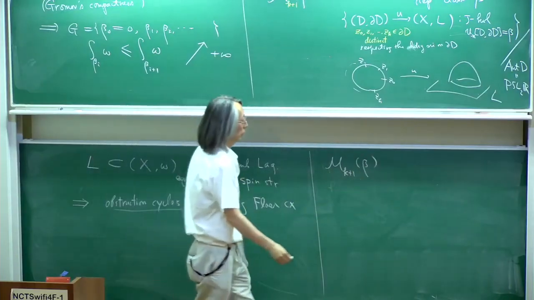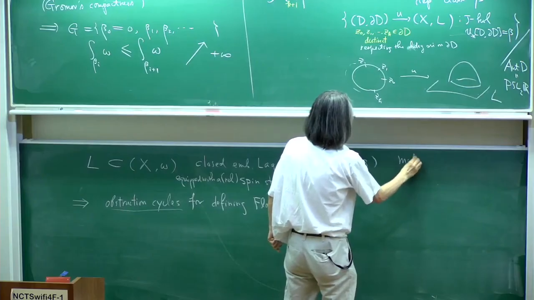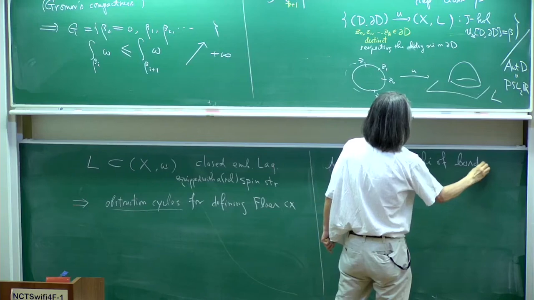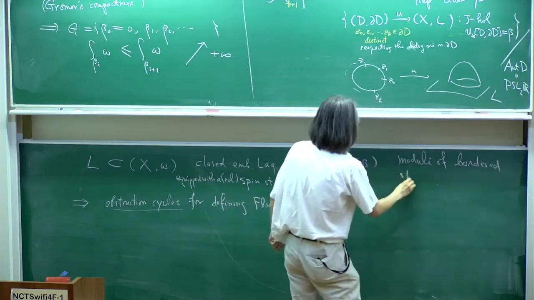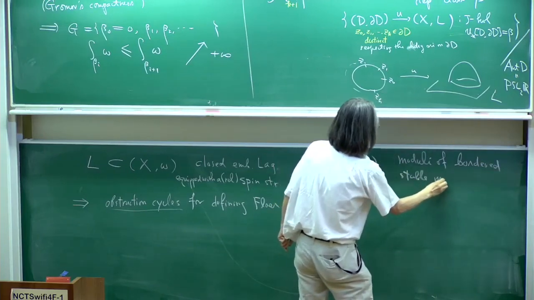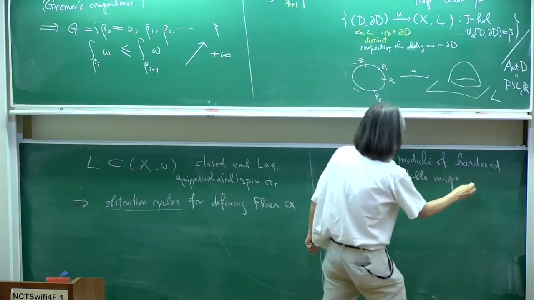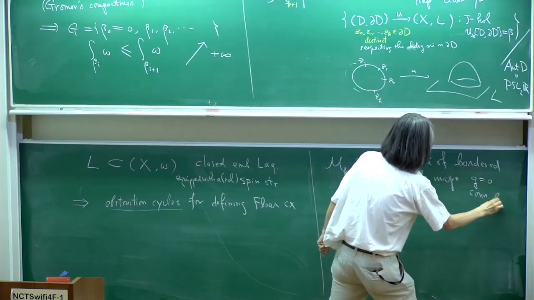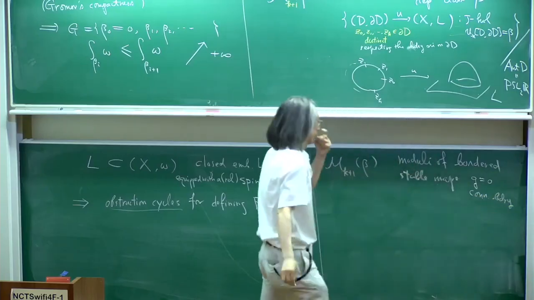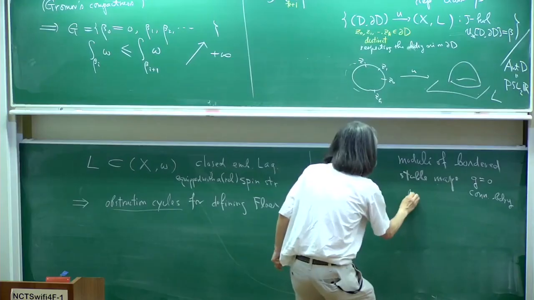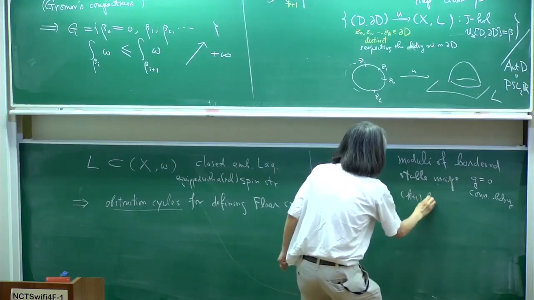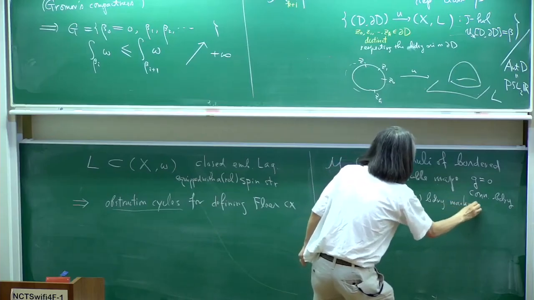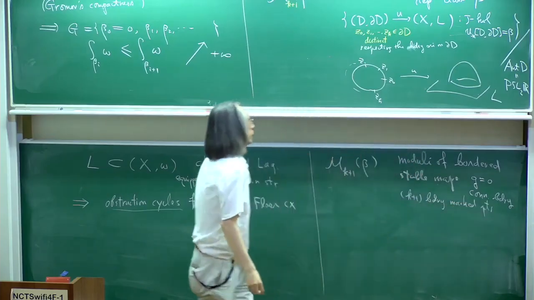So this is a moduli of bordered stable maps of genus 0 and connected boundary and K plus 1 boundary marked points.